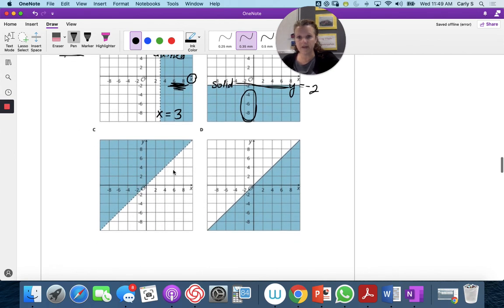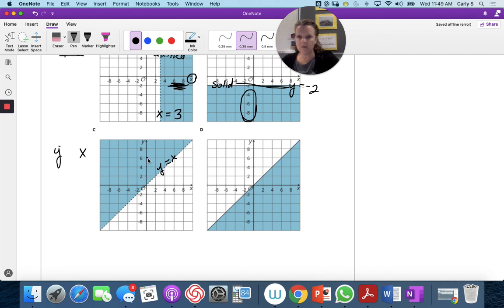Okay, this right here is the line y equals x. Now it's dashed, let's see. Not sure how to shade it.